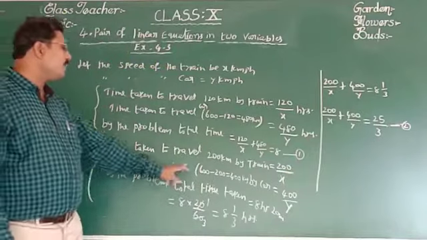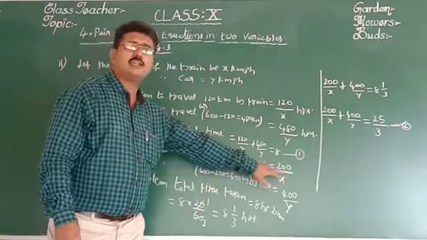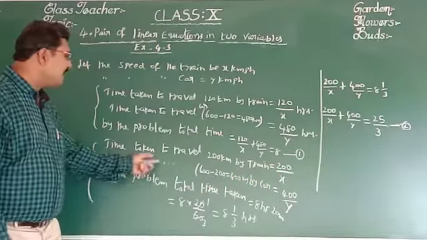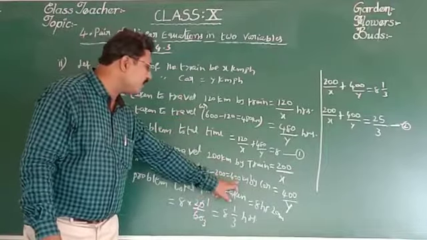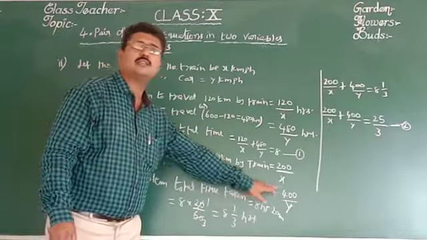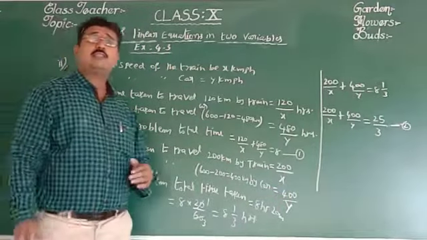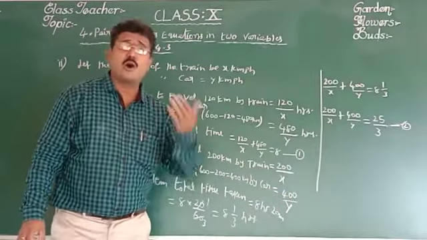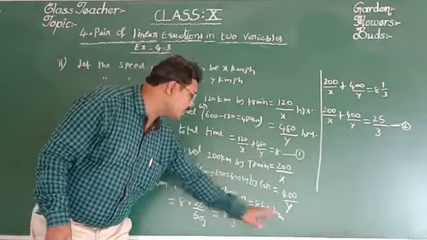Next, the second part. The time taken to travel 200 kilometers by train is 200 by x, and the rest is by car, 600 minus 200 is 400 kilometers, that is 400 by y. By the problem, he travels 20 minutes more, so include the 8 hours: 8 hours 20 minutes.